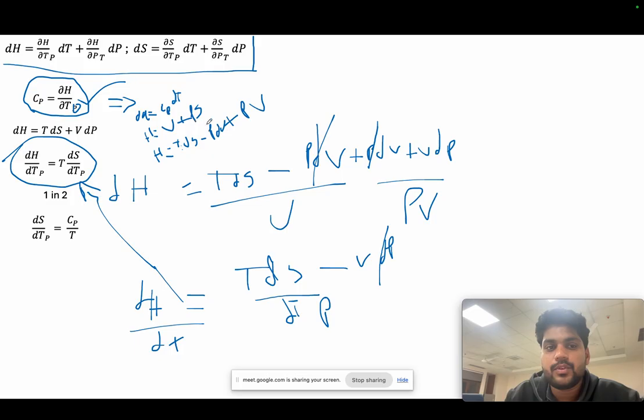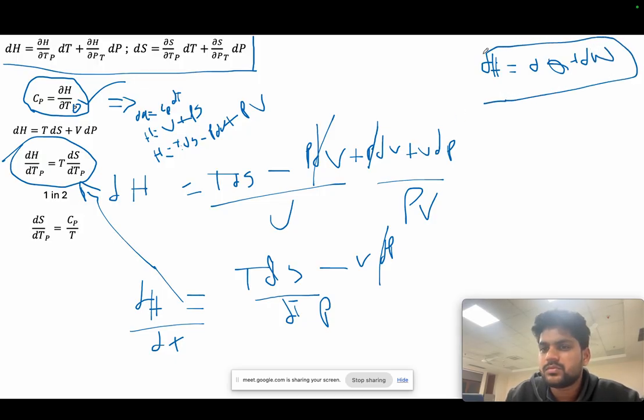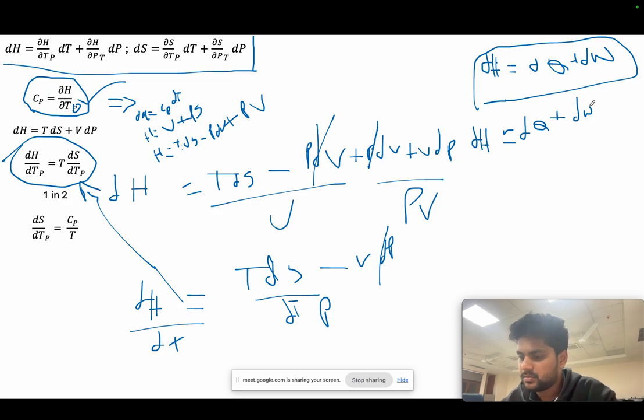You need to understand, if you are taking this equation at constant pressure, dH equal to dq plus dw, right?